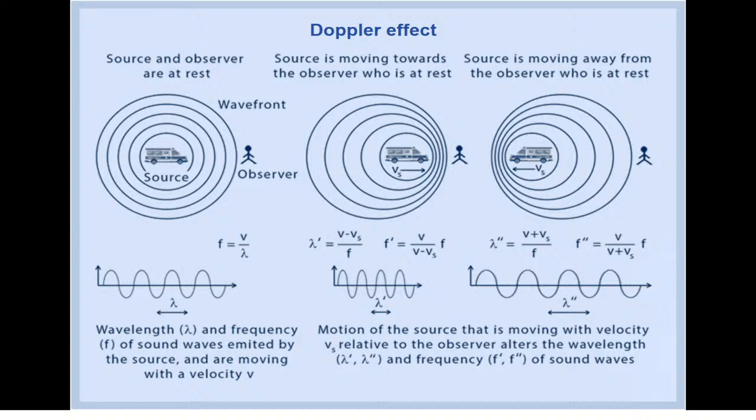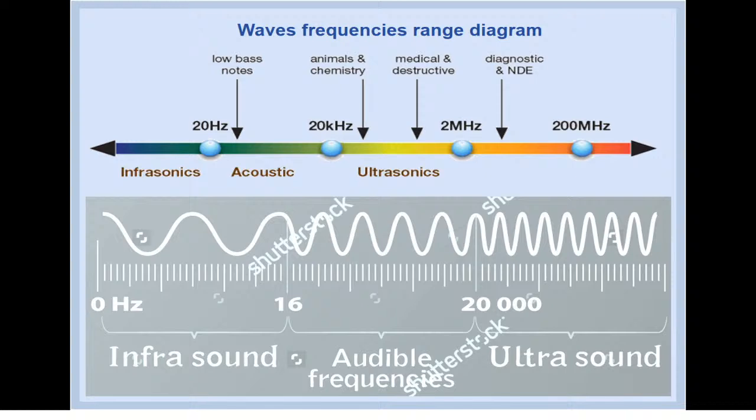Doppler effect, the shift of original frequency of original sound, mechanical wave. And now, look, waves frequencies range diagram. It is the principle to classify mechanical waves, to take the frequency as the characteristic of mechanical wave and separate mechanical waves into three ranges.